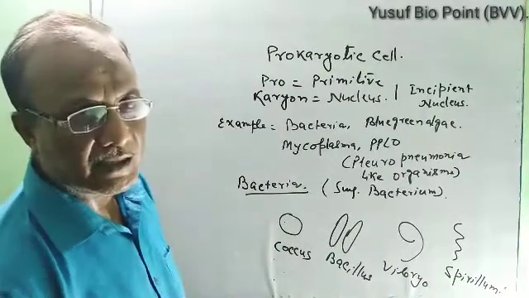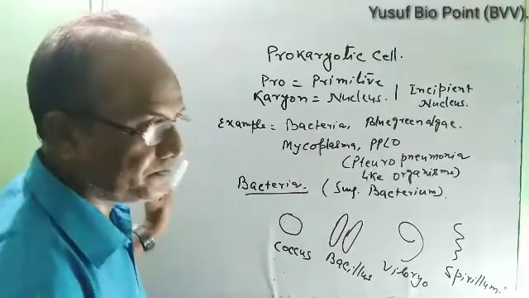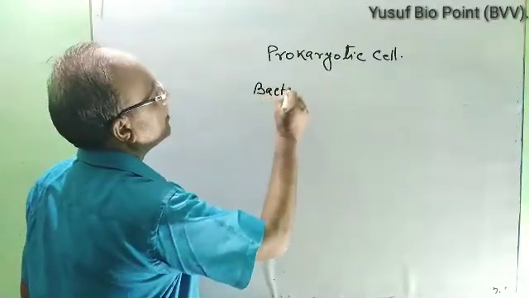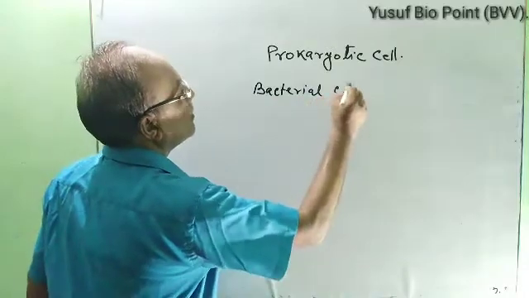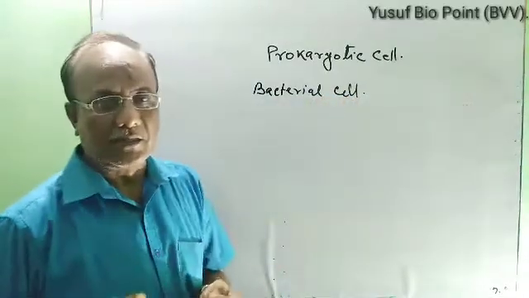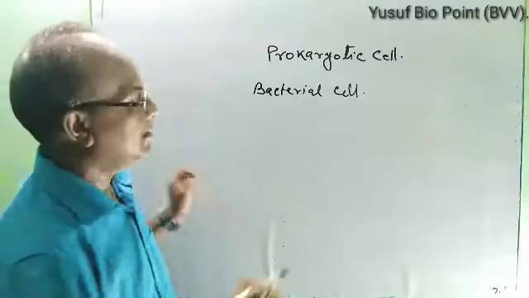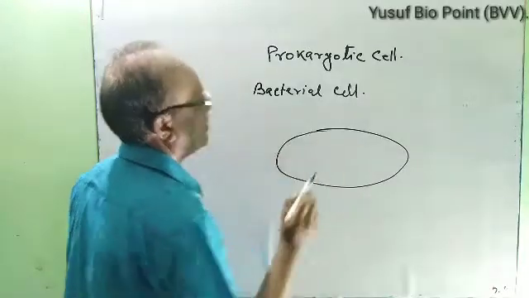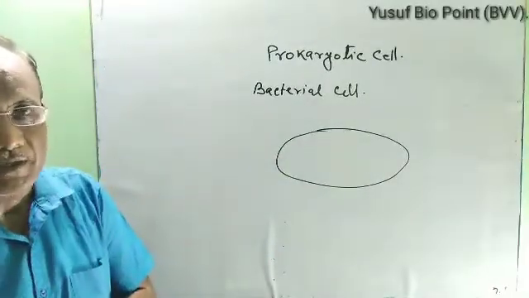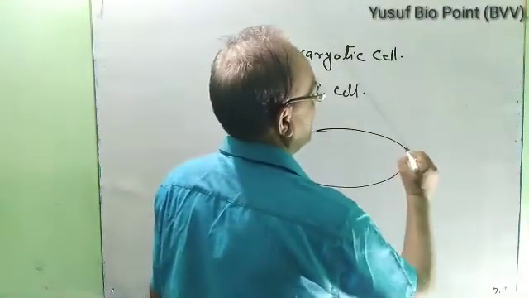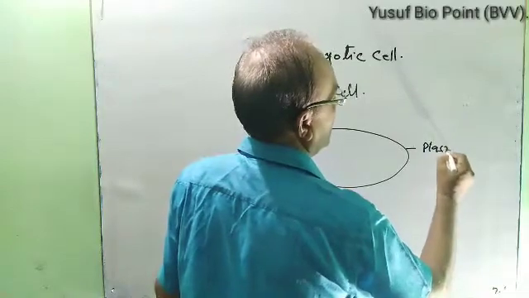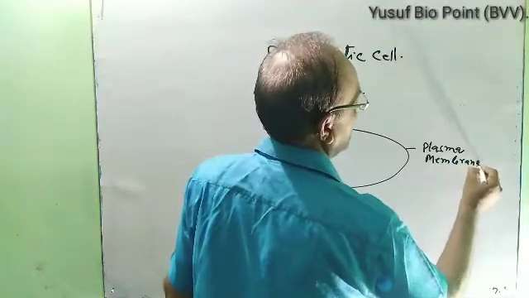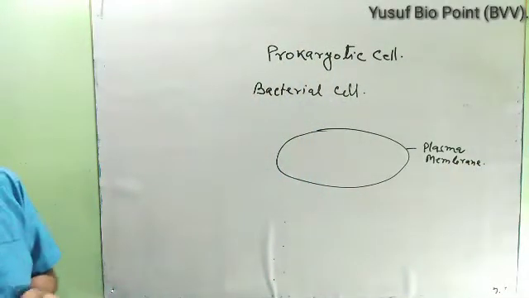Now we shall discuss the bacterial cell. We take a cell. It is an oval shaped bacterial cell, and this is called plasma membrane. Understand?